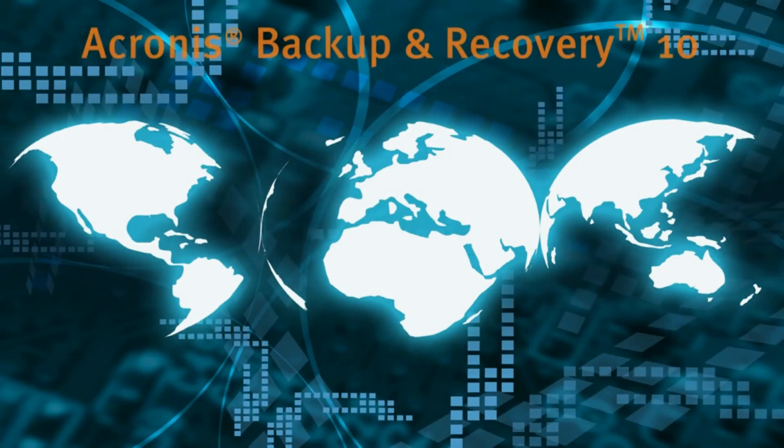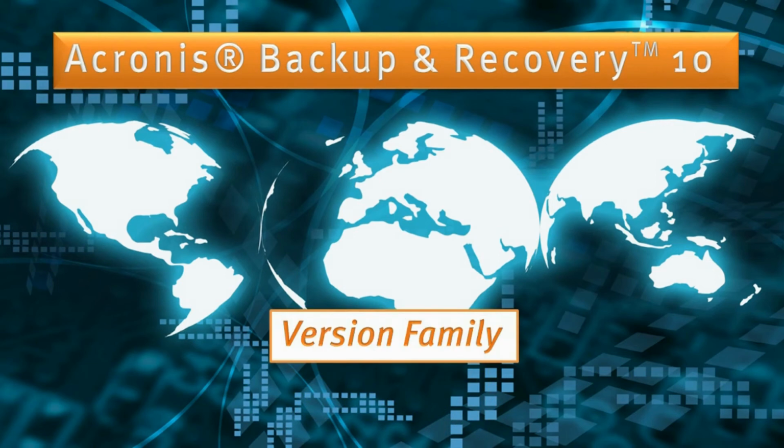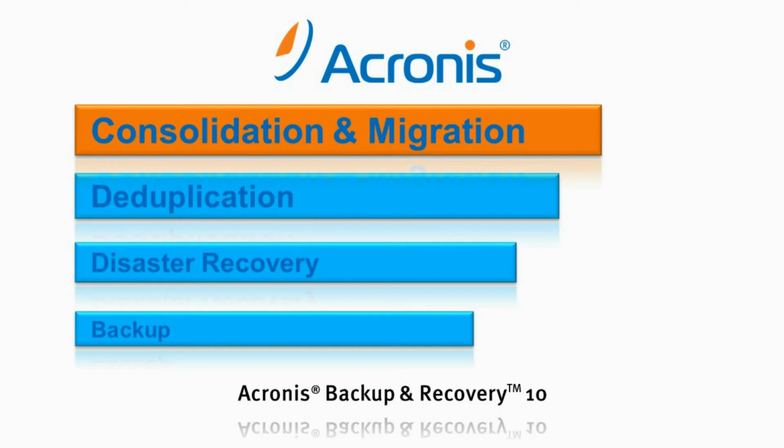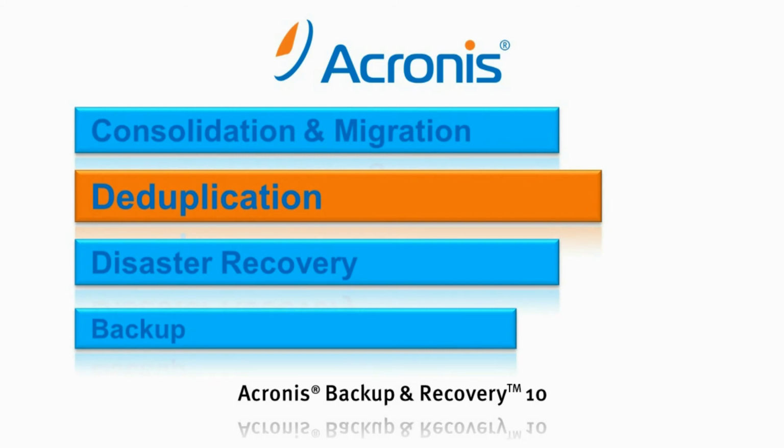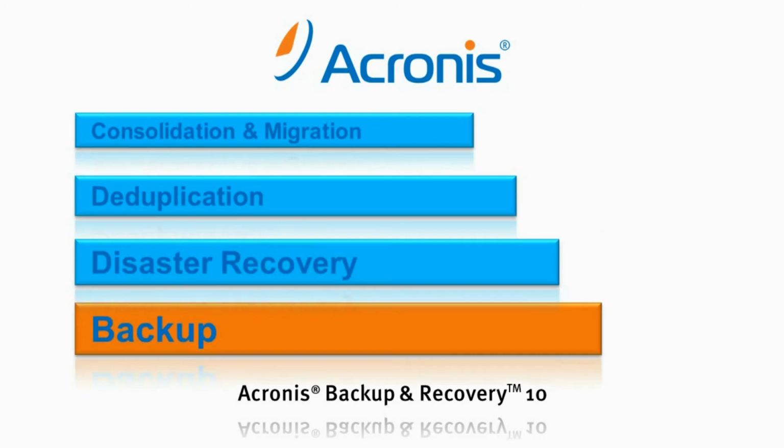We've discussed a number of powerful capabilities available with the Acronis Backup and Recovery 10 family of products. These include server consolidation and migration, cost-saving data deduplication, and rapid physical and virtual server and workstation disaster recovery and backup, both for single systems and, with the advanced versions, a wide range of systems.